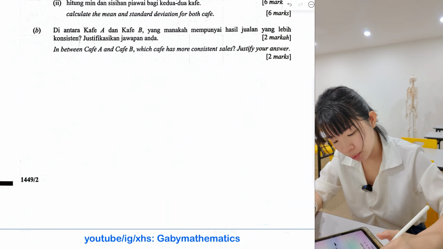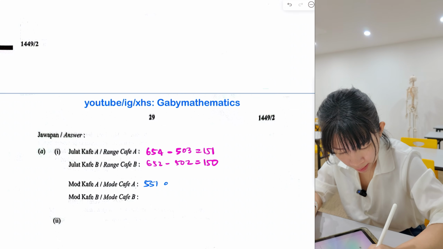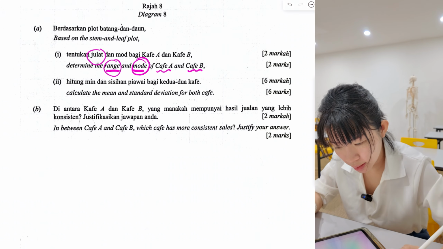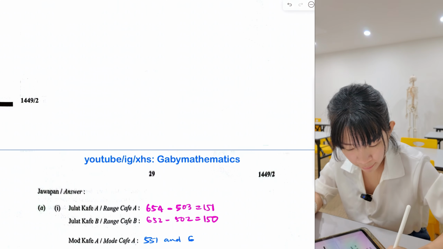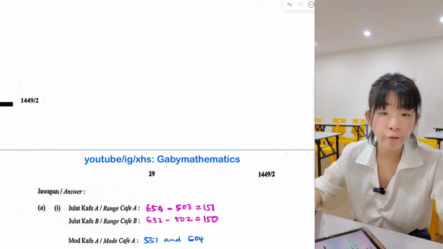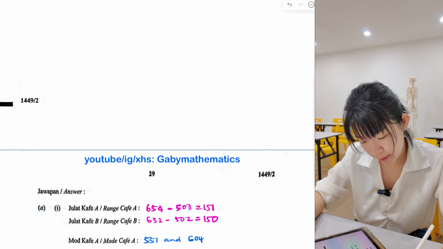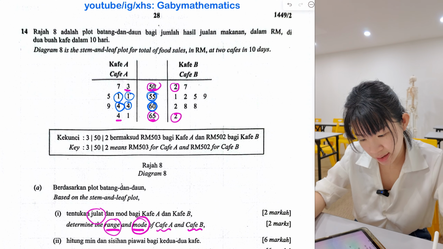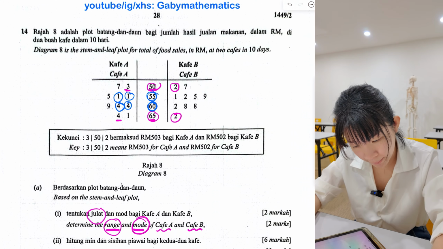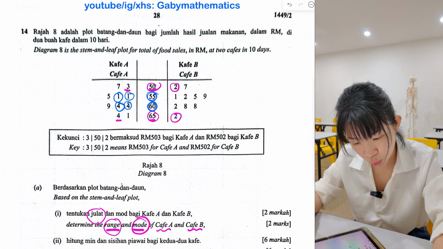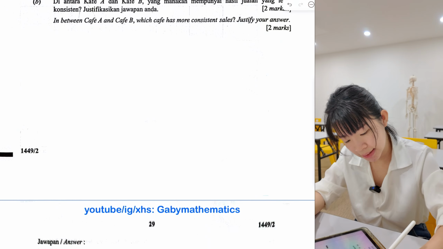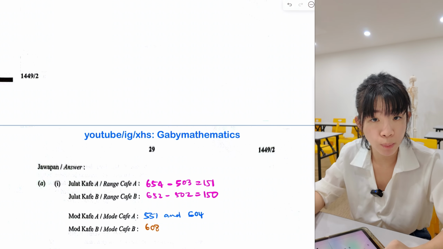So 551 and 604, both appear two times. How about the mode for cafe B? Which data appears the most? Okay, there's only one number that appears two times, which is 608. So 608 is the mode.